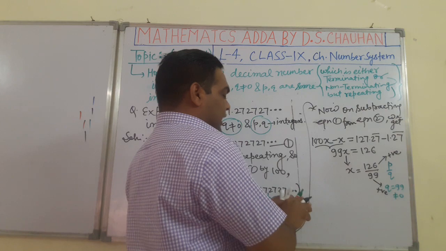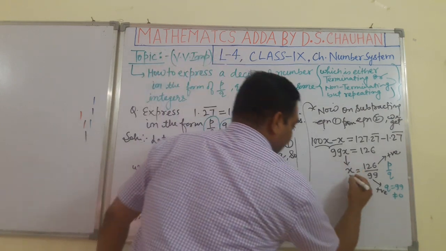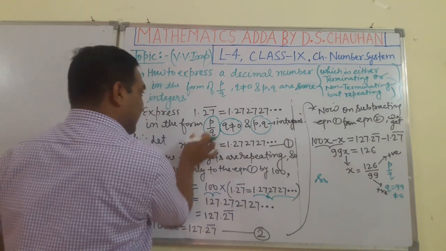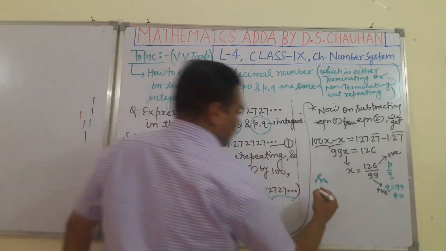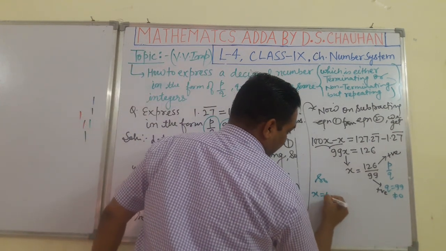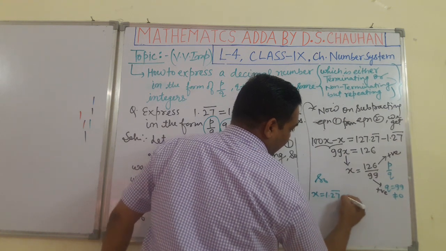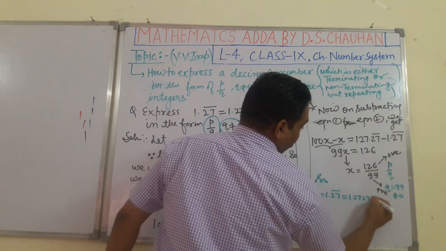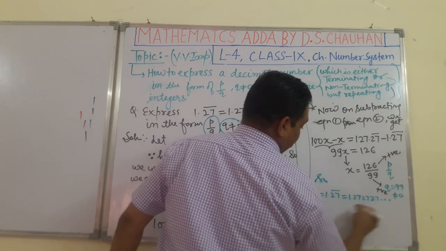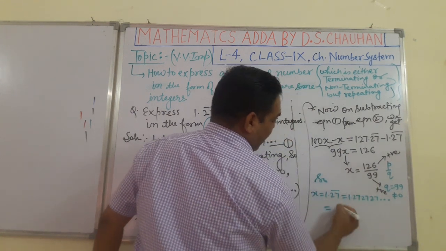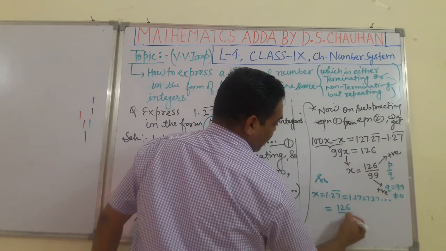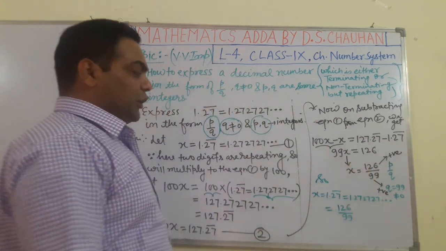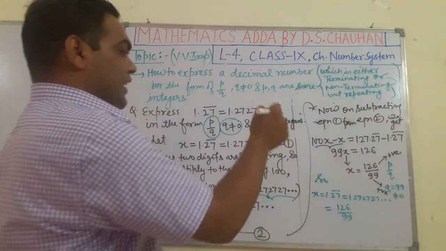Well students, here what is x? We have taken x which is 1.27 bar, which is 1.272727 and so on, and it is now in the form of p by q, where q is not equal to 0 and p, q are integers.